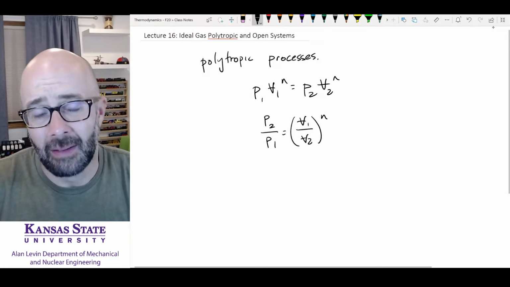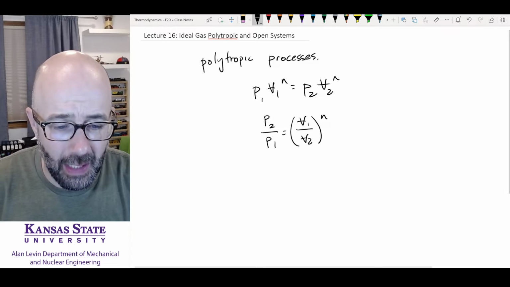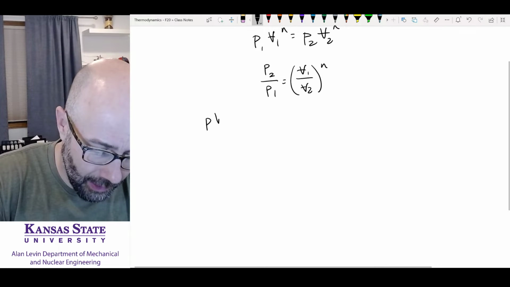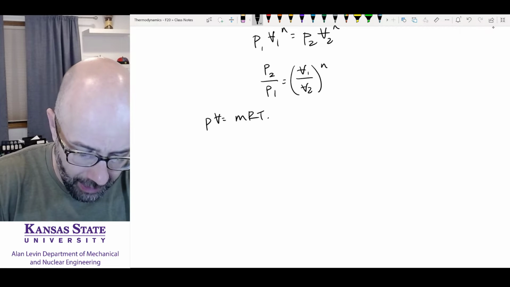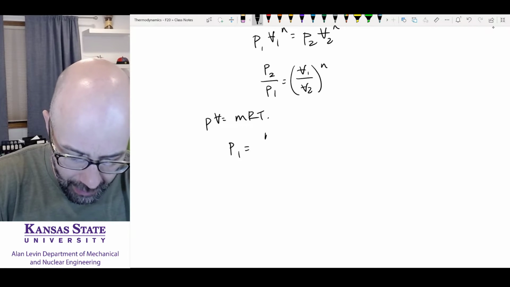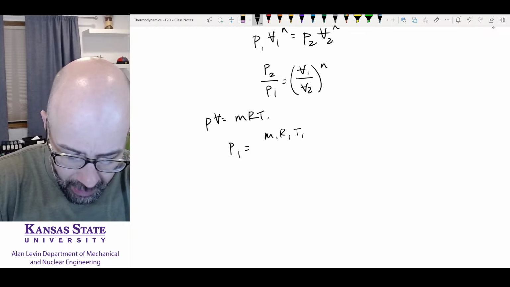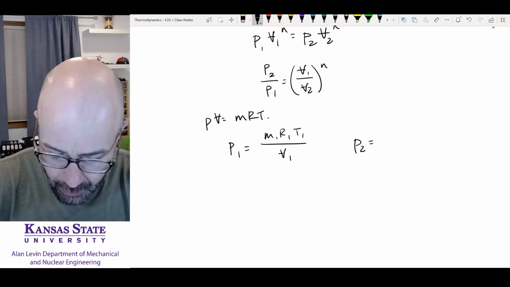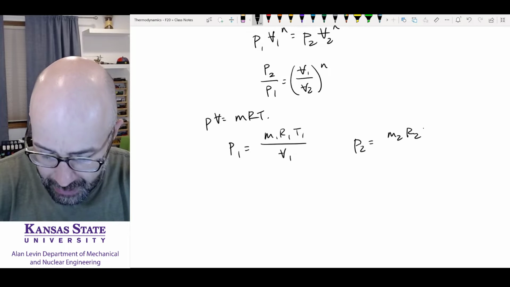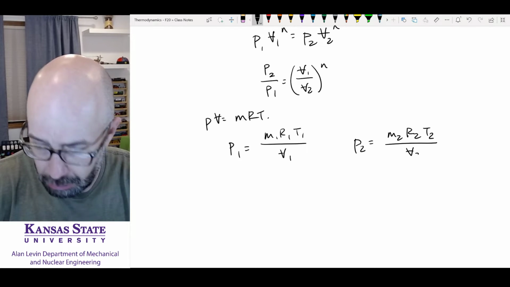Now we're dealing with an ideal gas, and so we know PV is equal to mRT. Or we can write that P1 is equal to m1 R1 T1 all over V1, and P2 is equal to m2 R2 T2 all over V2.